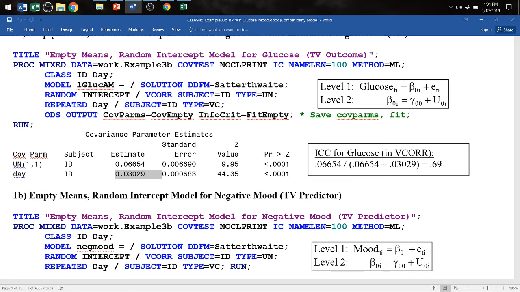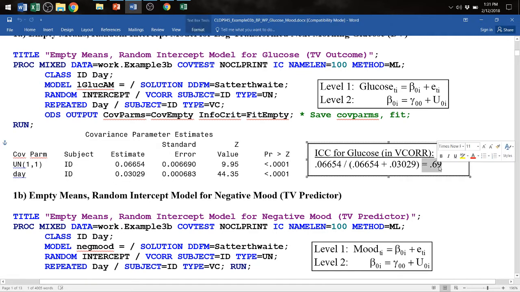I'm drilling the vocabulary because this gets almost impossible to follow if these things aren't right there on the tip of your tongue. So people, level 2, between. Cross-sectional, time invariant. 70% of my information would have been there on day 1. That means the other 31% is within, level 1, longitudinal, time varying.